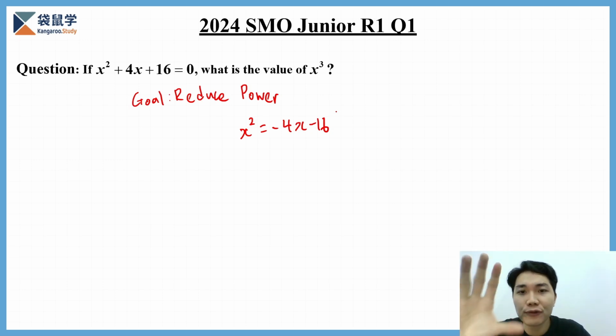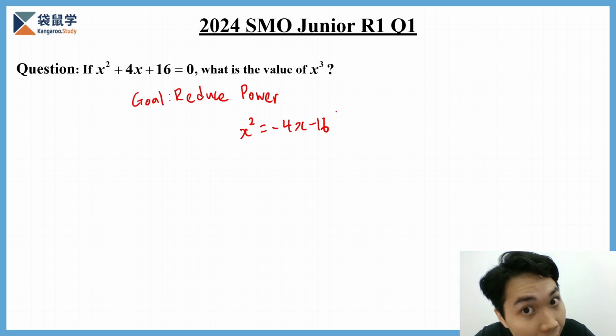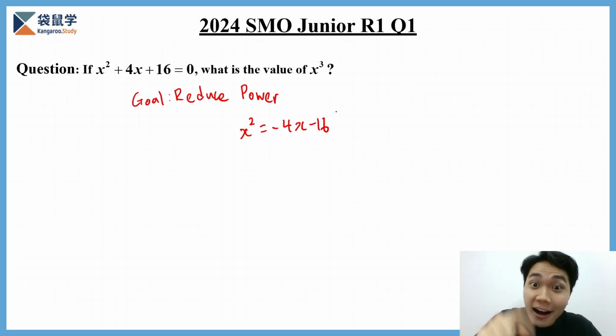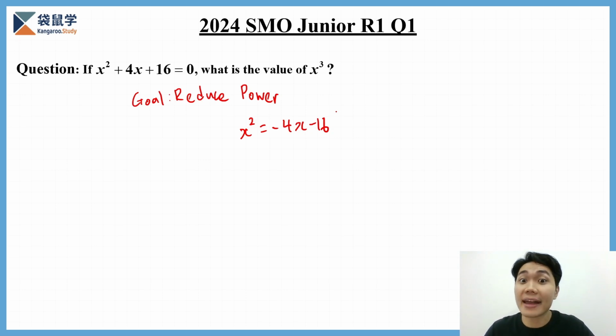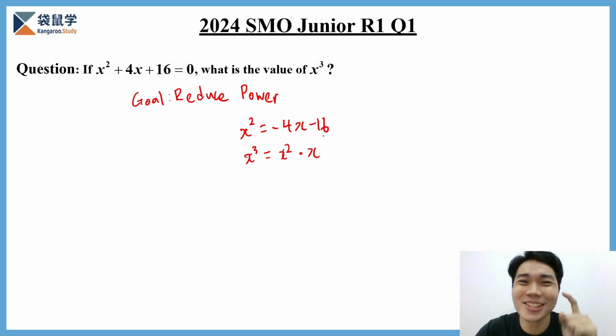So, we want to find the value of x cubed. Can I get it from x squared? We can just multiply another x. So, to get x cubed, it's actually x squared multiplied by x. And we know the value of x squared. So what should we do? We can substitute it in.